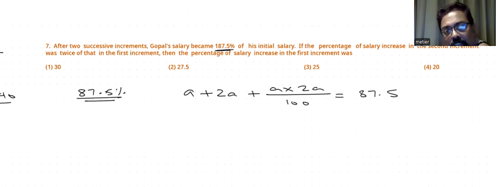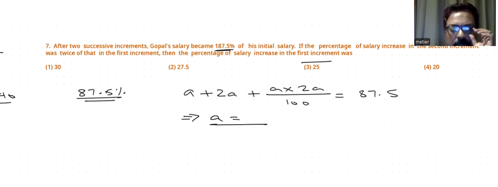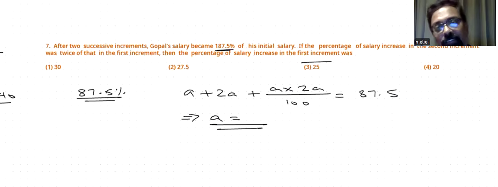Now, after solving, you need the percentage of the first, that is, you need the value of A. In the previous video, I told you, again I am saying, whenever you have complicated calculations, just go with the options. In the very first slide, in the basic 5 rules, one point was there: when we have complicated equations or calculations, to avoid that, go with the options.